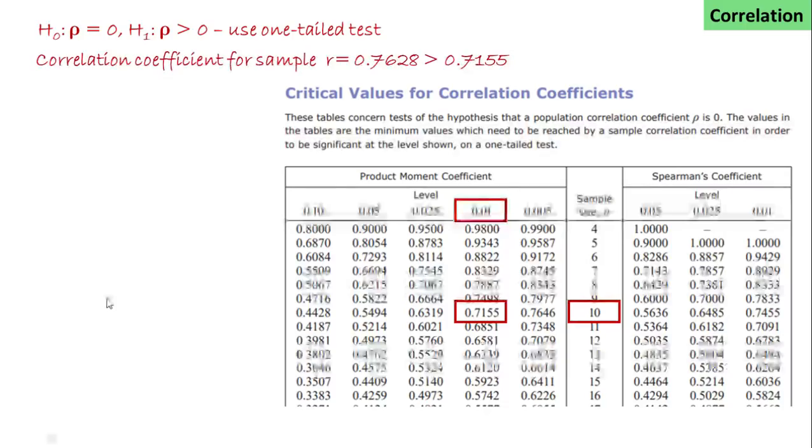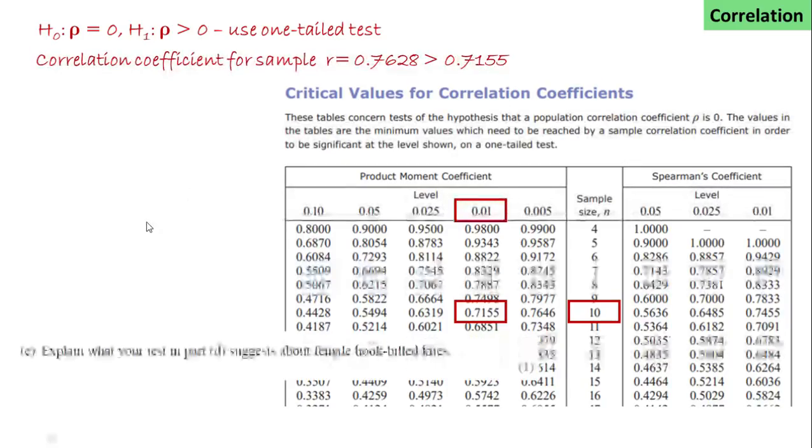So for our sample, the correlation coefficient is greater than the critical value, and therefore we can see that there's evidence that the variables are correlated. We reject the null hypothesis and accept the alternative hypothesis that rho is greater than 0.